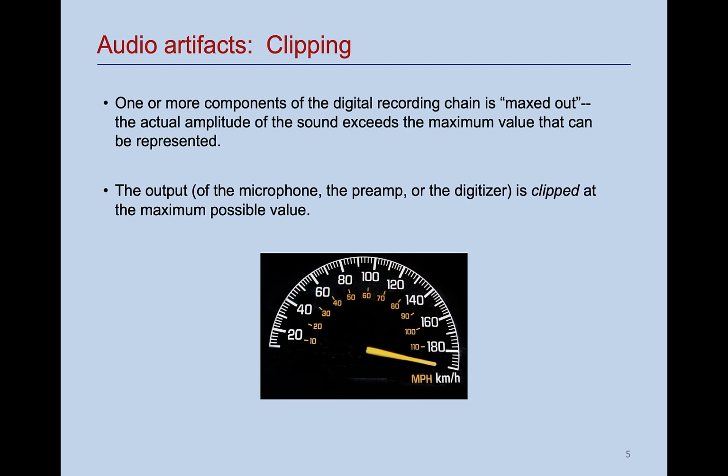The maximum speed that this speedometer can represent is 190 kilometers per hour. But supposing we're actually driving at 200 kilometers per hour. The speedometer is still going to read 190 because it doesn't go up as high as 200. It's not going to give us an accurate reading of the speed because we've exceeded its maximum possible output value.